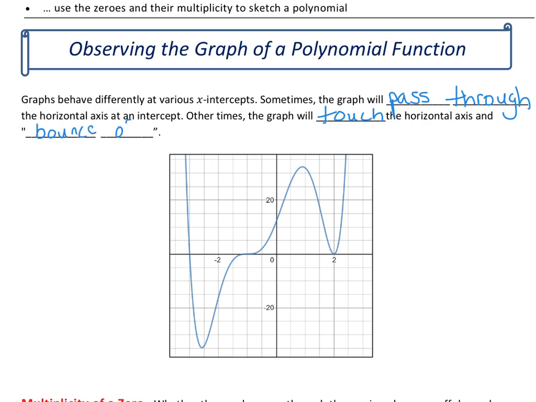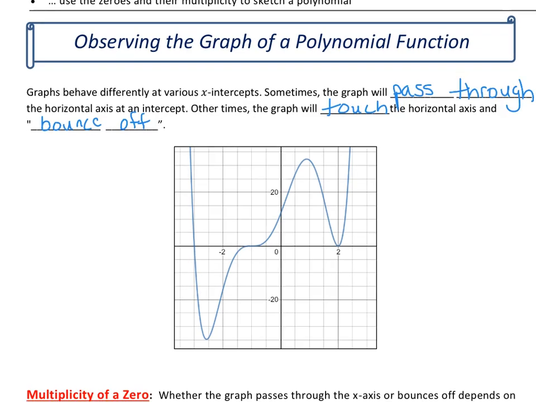And sometimes there's other features. For example, here, this particular intercept, the graph is kind of passing through it, but it's flattening out near the intercept. So that's even a different feature altogether.